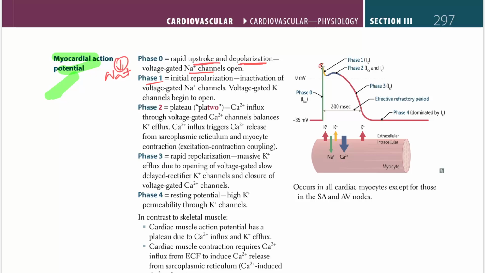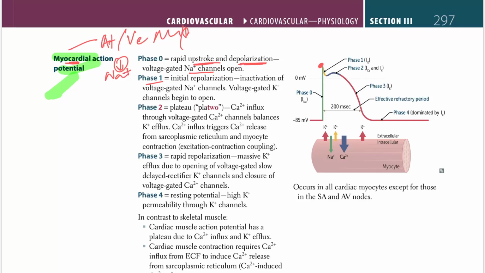Phase 1 now. Let's talk about phase 1. So we already depolarized. We are here now, right? And this is specific to the myocardial action potential. That's very high yield. What is myocardial action potential? We're talking about the muscle itself. For example, all of the atria, all of the ventricle, the myocytes, the Purkinjes.